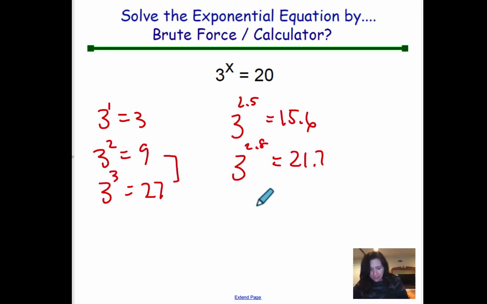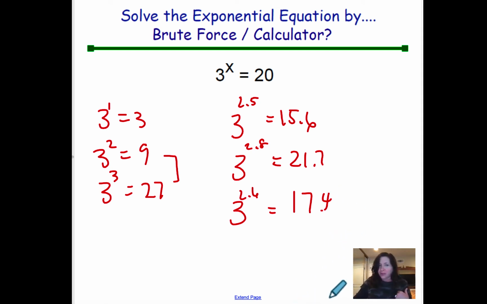Oops, 3 to the 2.6 power gives me 17.4. Okay, so this is what you're going to be doing, trying to figure out what this value is. The trick is to just try to get closer and closer and closer as you can.